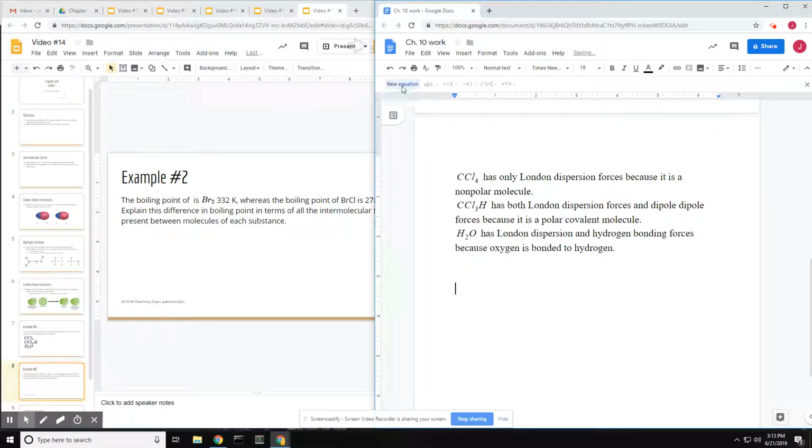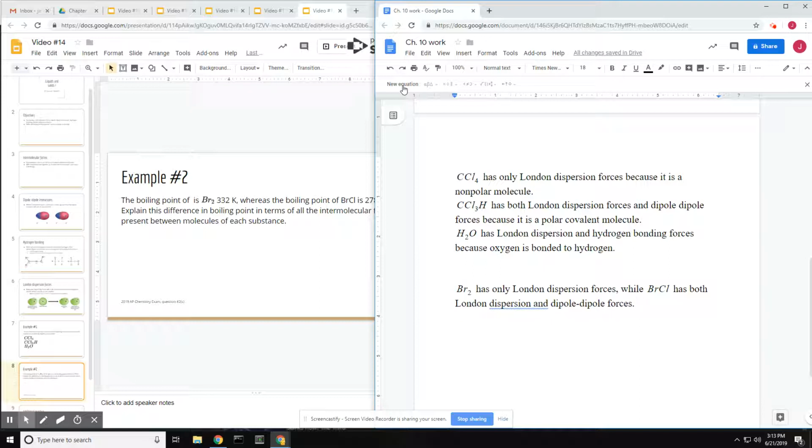So Br2 has only London dispersion forces, while BrCl has both London dispersion and dipole-dipole forces.